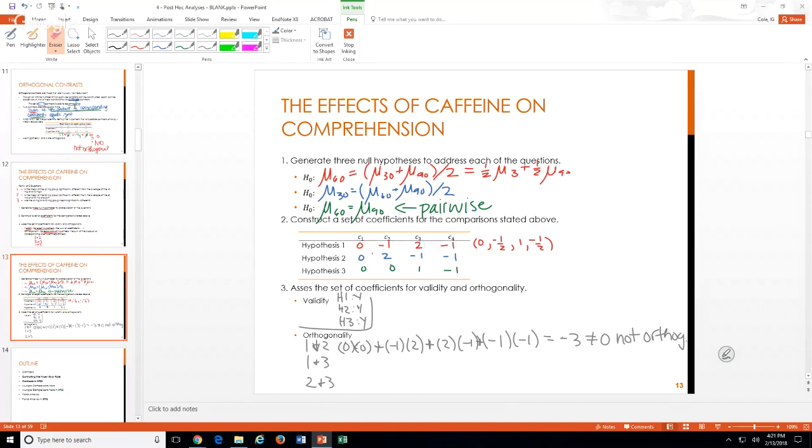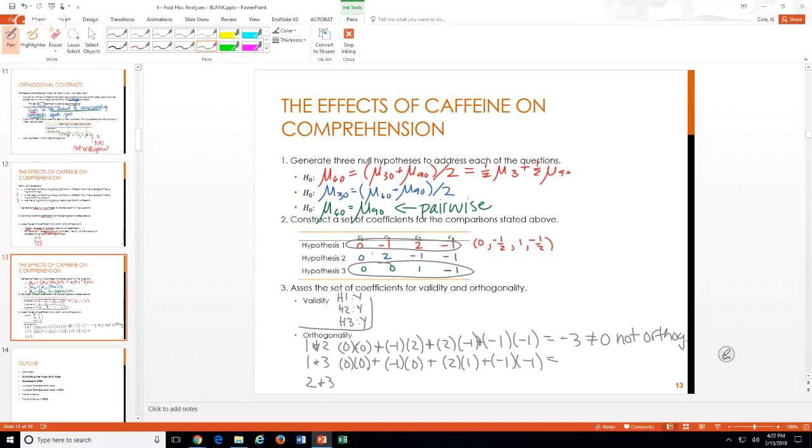So it's 1 by 1. So now let's look at 1 and 3, and we'll look again at the pairs. So the first pair is 0 times 0 plus -1 times 0 plus 2 times 1 plus -1 times -1. What about that one?